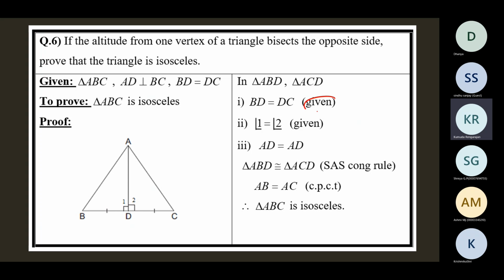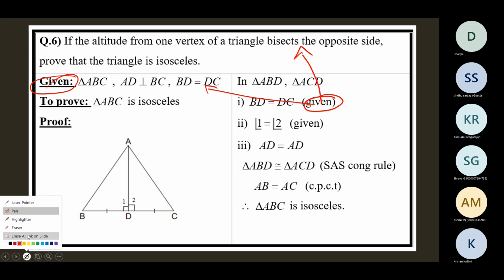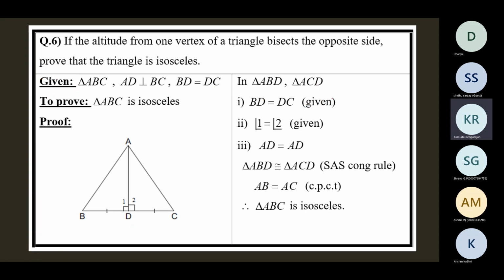And when we say given, it is this given. You should have written this given. This given is this given, not given in the statement. When we say given, we don't mean that it's given in the statement. We mean we have written it here.